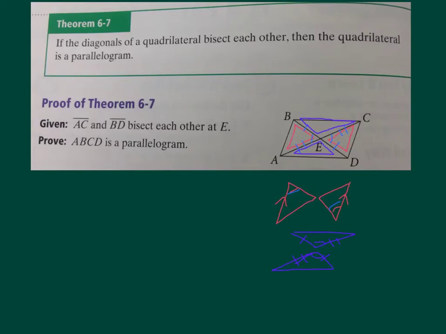And so then you're going to be able to say this angle up here is congruent to this angle down here by CPCTC, and then the top is parallel to the bottom by, if alternate interior angles are congruent, then parallel lines. Now we've got both pairs of opposite sides parallel, so the quadrilateral is a parallelogram by definition of parallelogram because both pairs of opposite sides are parallel.